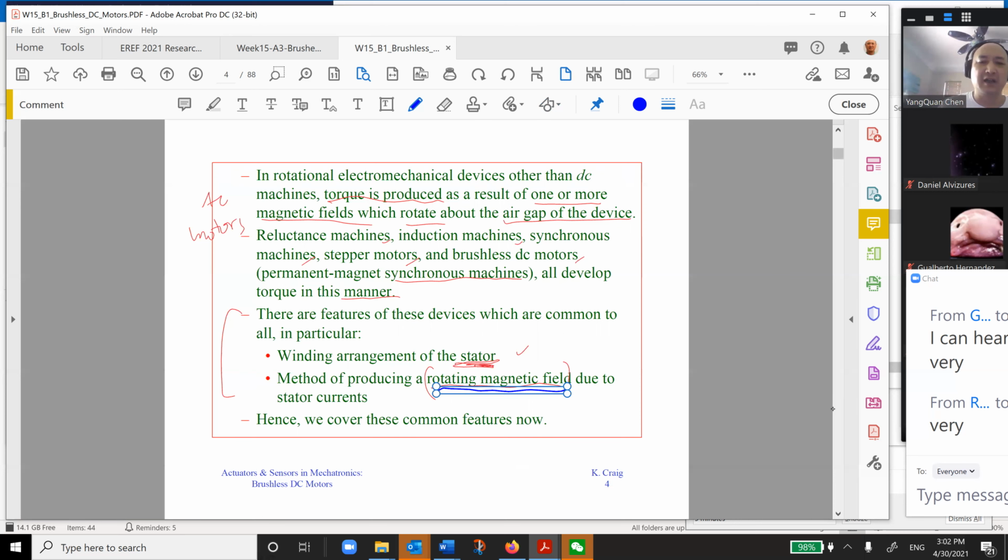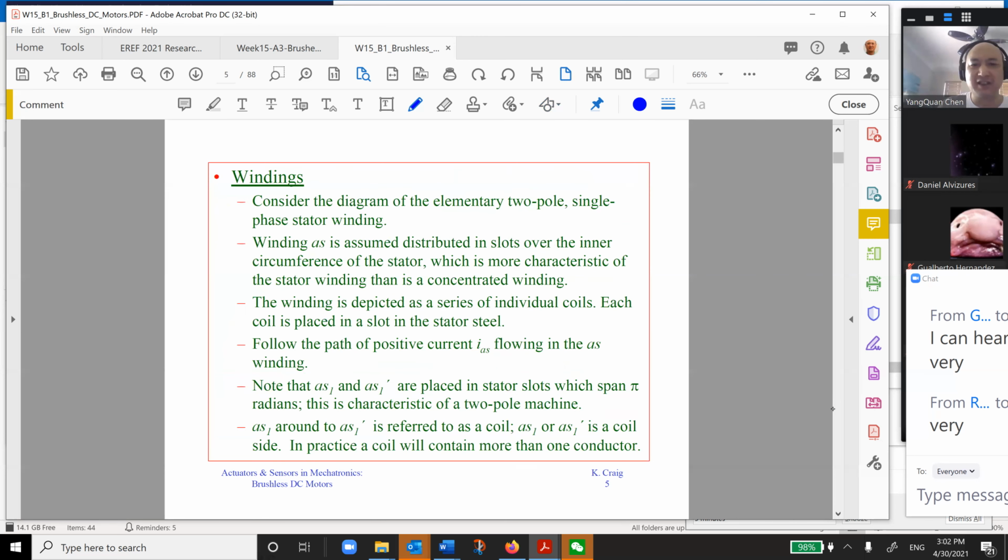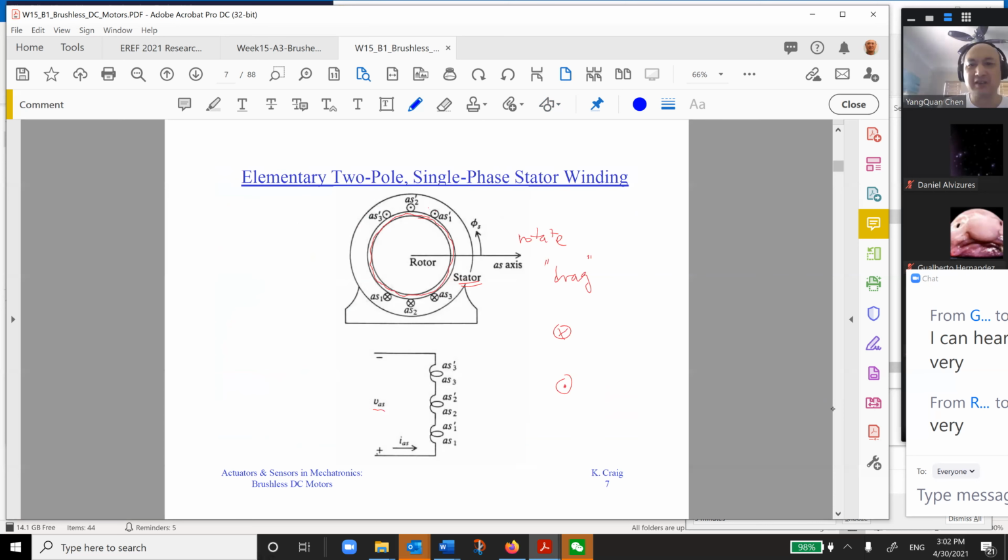We are not going to do this a lot, but let me show you. Say, for example, you have a 2-pole single-phase stator winding. Again you have 3 windings, where the dot is coming out of the paper and the cross is going into the paper.